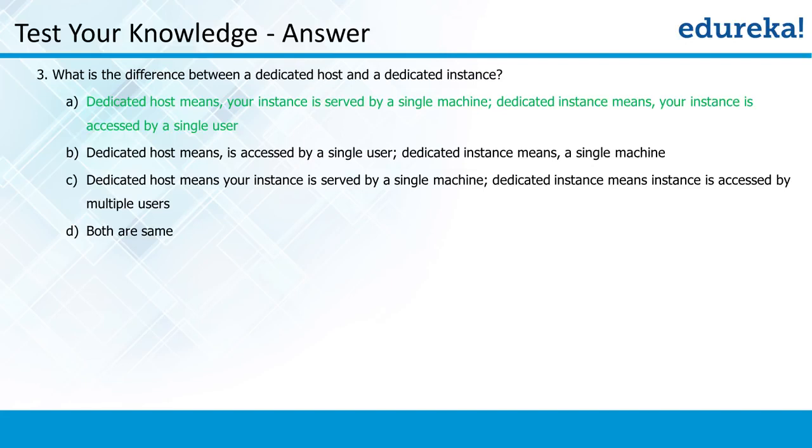There are some licensing issues, sometimes certain licenses are issued at a host level, so there are some use cases where a dedicated host makes sense. But most people would be happy with the dedicated instance option. You can look up the documentation and look at the finer aspects of these options, but the major difference is shared tenancy versus dedicated tenancy.